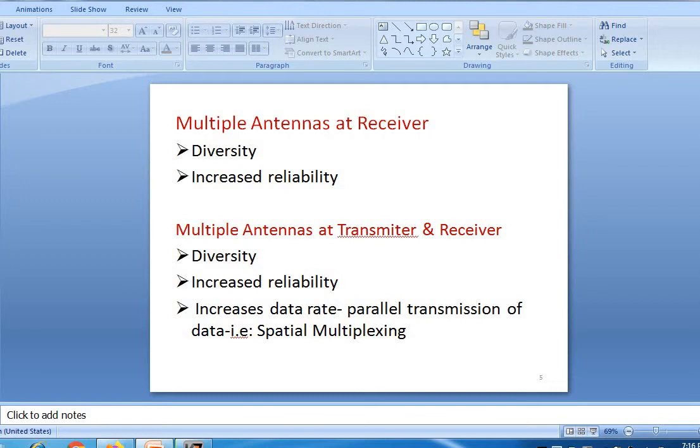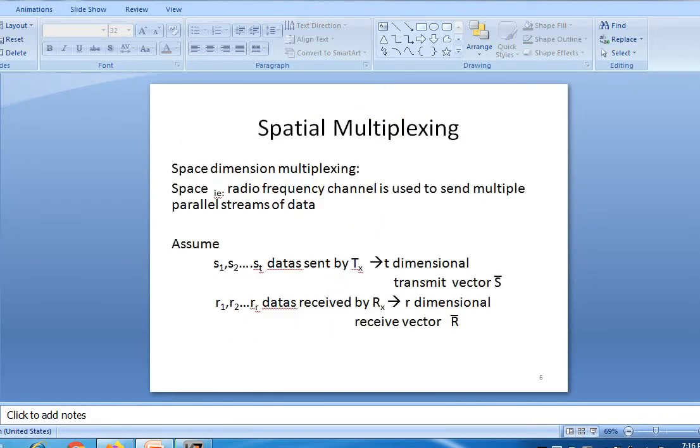I'm going to use a channel. In the channel, in a parallel manner, I'm going to send a number of data. This is called spatial multiplexing. It is also called space dimensional multiplexing. Space here refers to the radio frequency channel. This channel is utilized to send multiple parallel streams of data. For example, S1 to ST data can be sent by the transmitter.